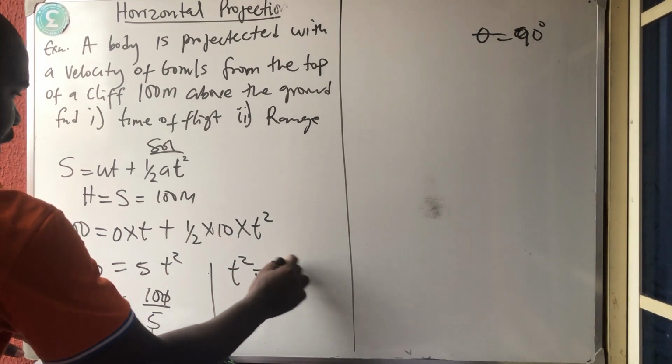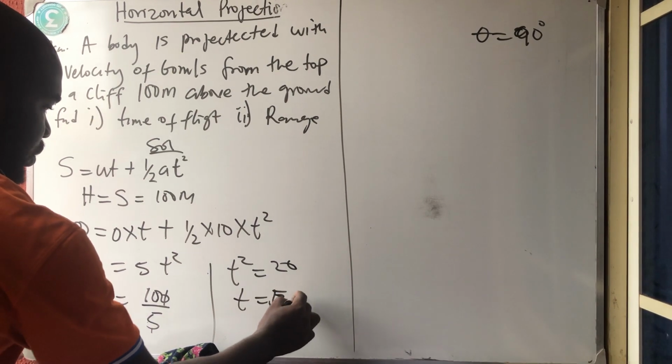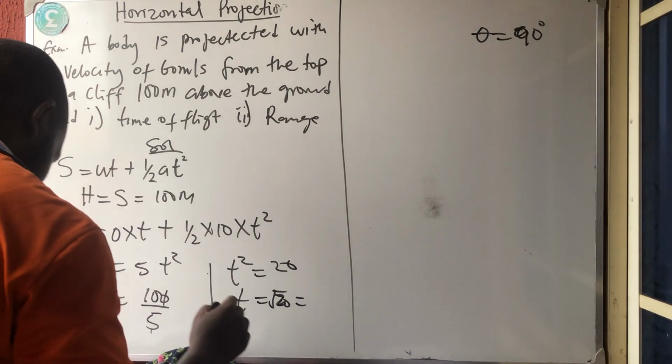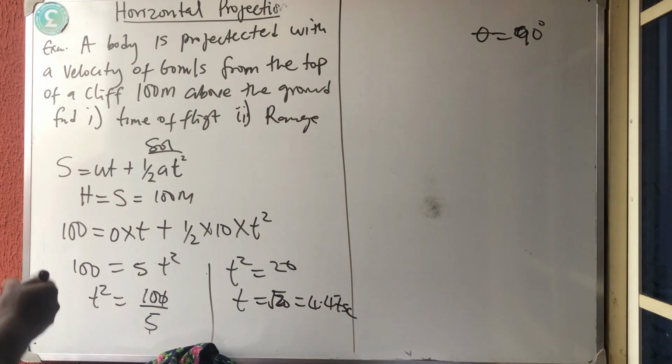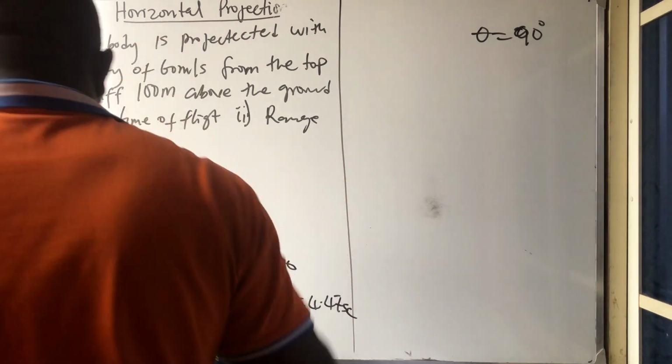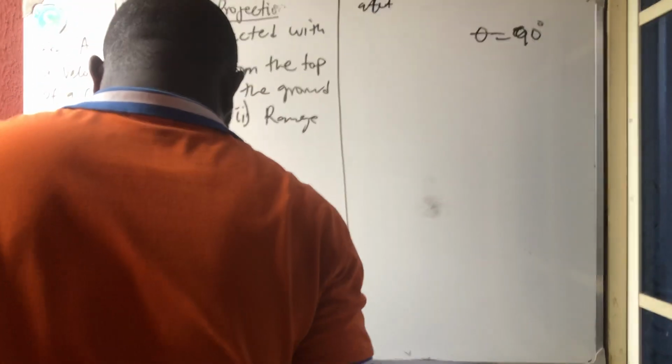So my t is now the square root of 20, which is 4.47 seconds.